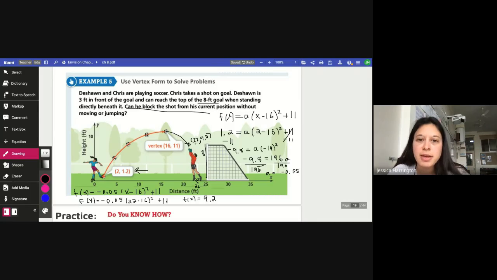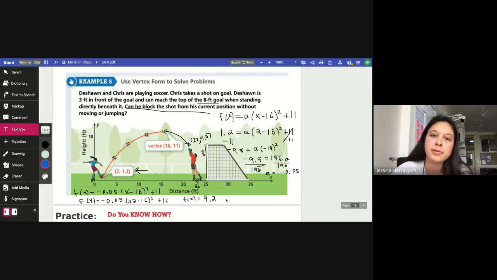So is he going to be able to reach that ball that's 9.2 feet up? No, he won't reach the ball. It's higher than 8 feet. That would be how you answer it. So that's just an example of how you can use quadratic formulas to solve real-world problems.